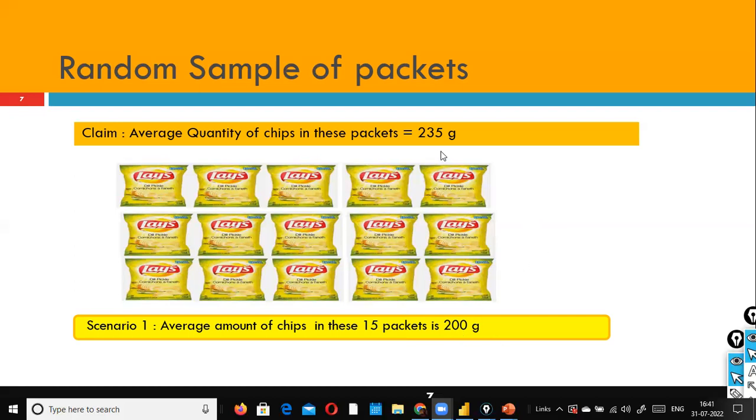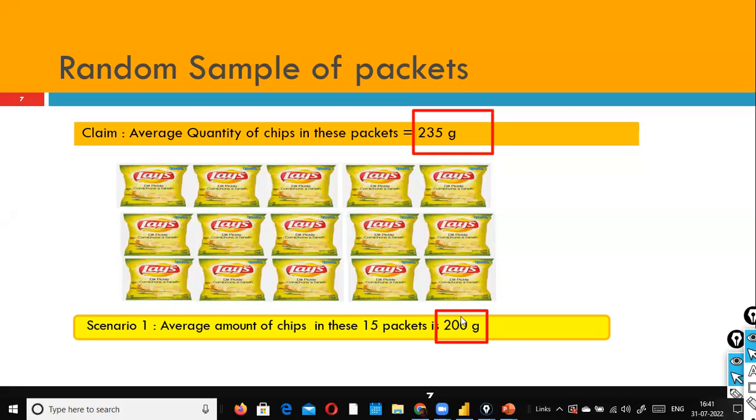When I take the average, I'm getting 200 gram, but whatever they mentioned on top of the packet was 235. When I took a sample, with that sample I could see 200 gram. So can I accept the claim made by the manufacturer, or can I say I'm going to reject the statement? What will you do in this case?